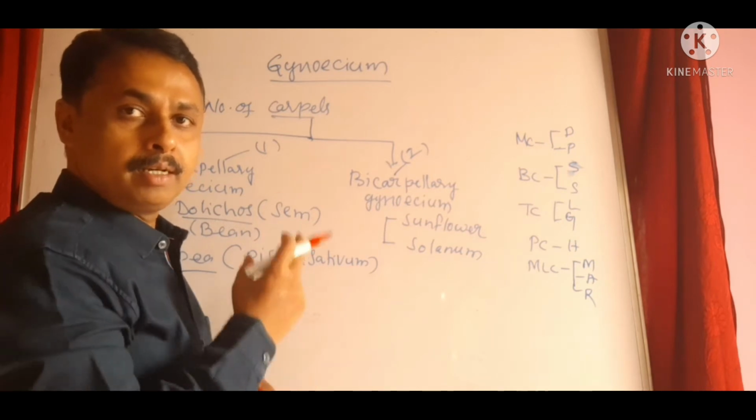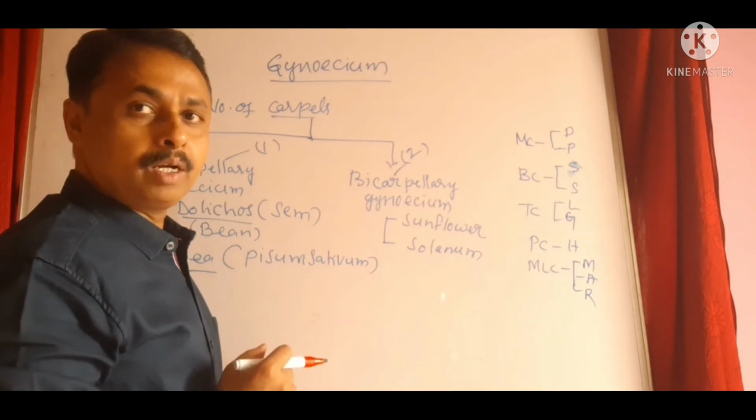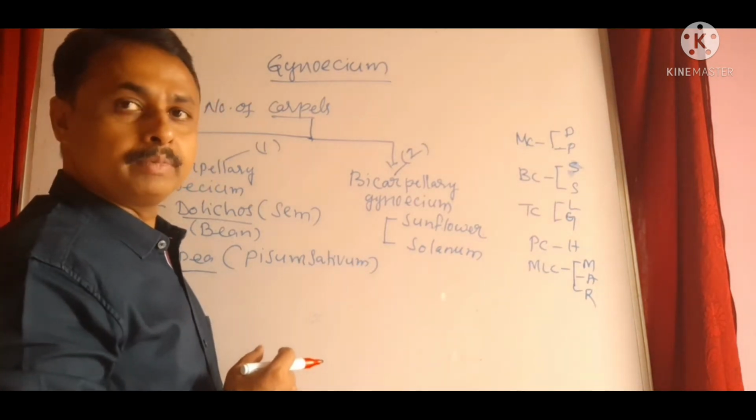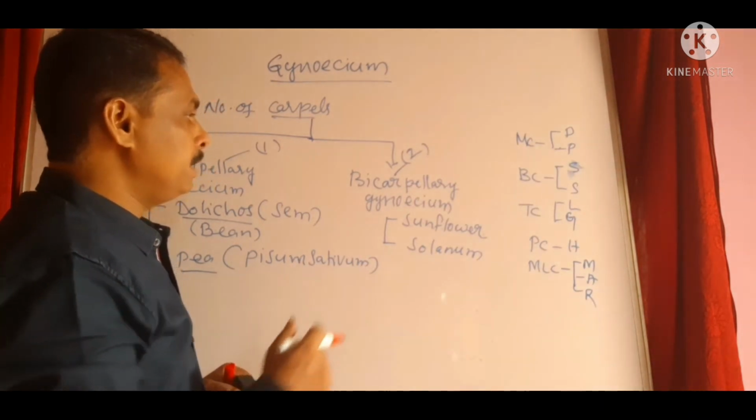That's why this gynoecium is called bicarpellary gynoecium, which is seen in sunflower and Solanum.